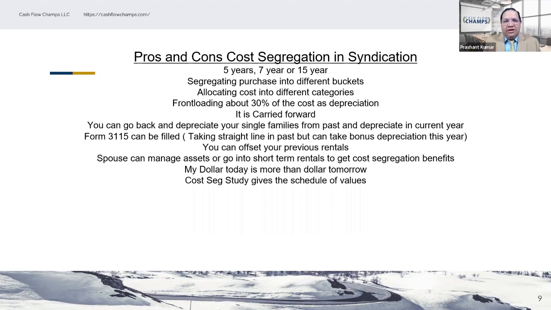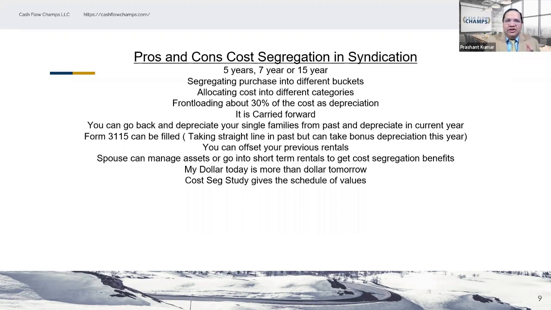Obviously, a single family cost segregation study doesn't cost that much, and it is always beneficial for a lot of single family investors who don't know that cost segregation can be done in single families also.